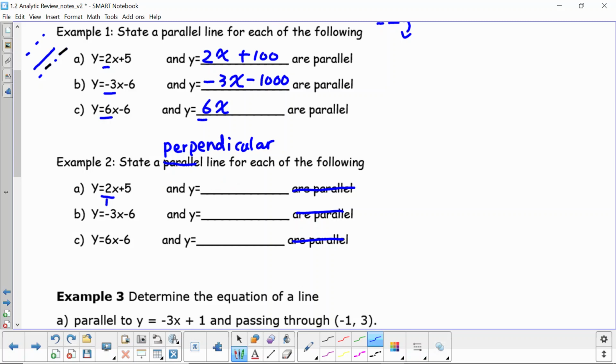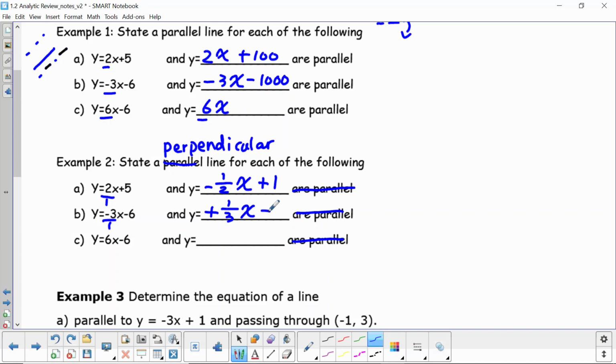So negative, then flip 1 over 2. This is your new slope, then x. For the b value, you could just write as 0, or you could just write any numbers there. It's okay. This one, negative, negative becomes positive, then flip is 1 over 3x.